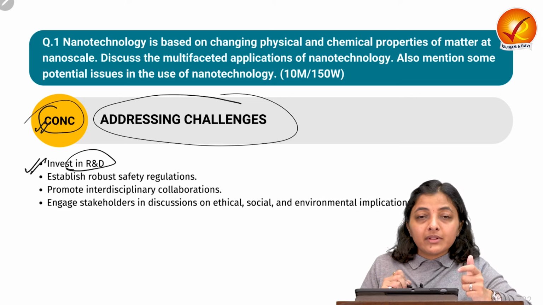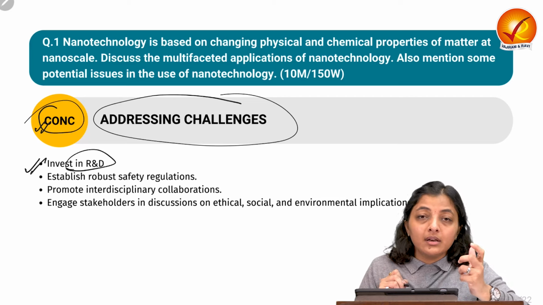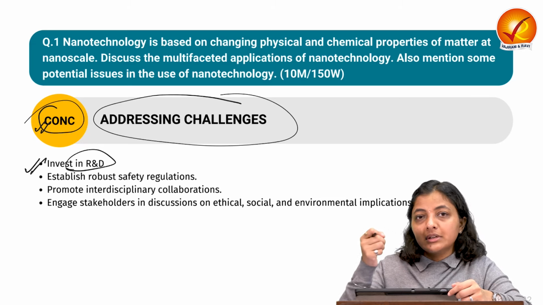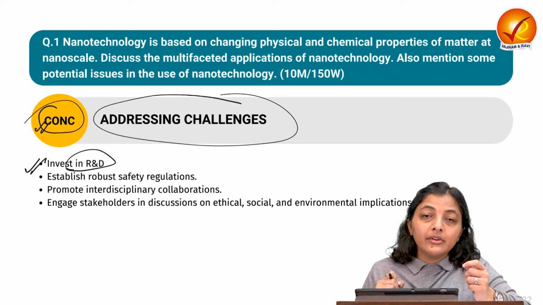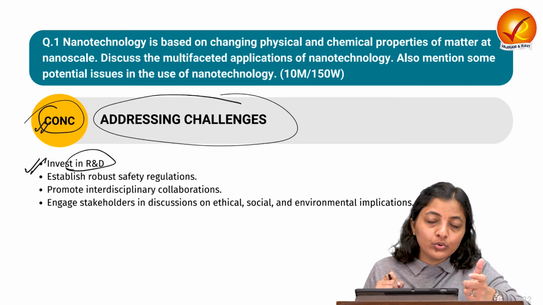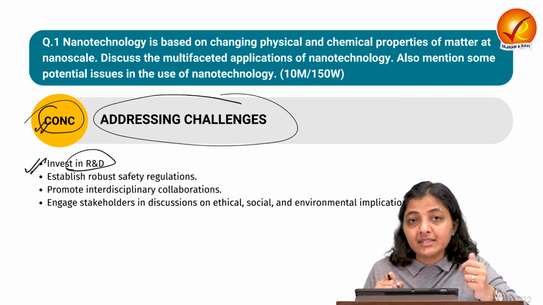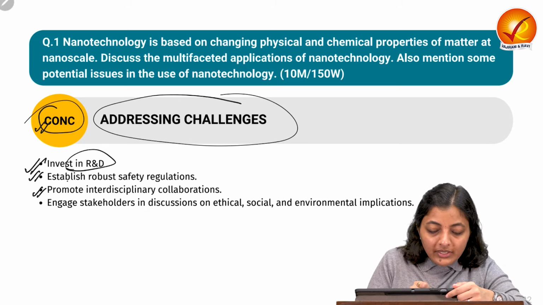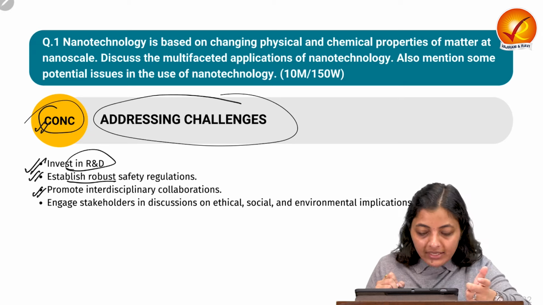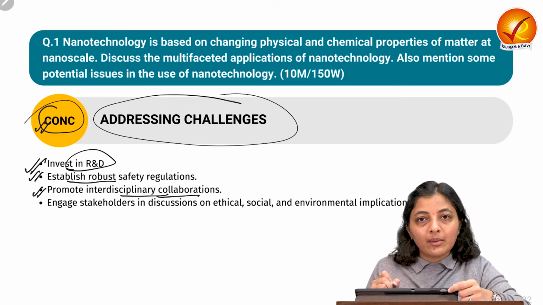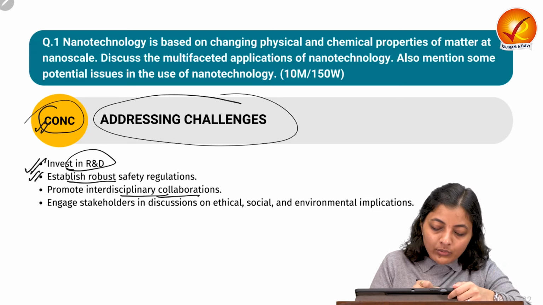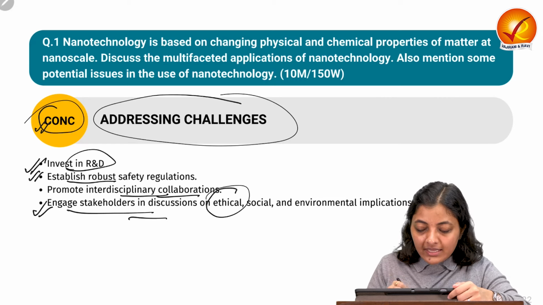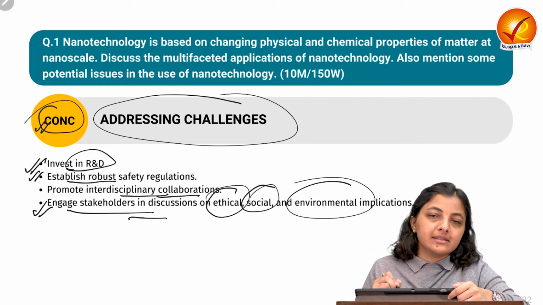We need to come up with proper guidelines and proper measures for this nanotechnology, so that it does not result in nano nukes and nano weapons. Weaponization should not be done. Okay, so we need to establish robust safety regulations, interdisciplinary collaborations should be there, and we need to engage the different stakeholders so as to take care of the ethical, social and environmental concerns.